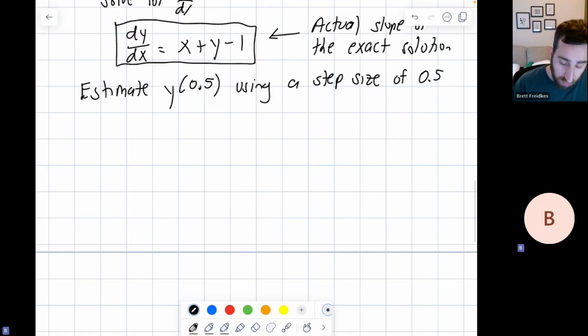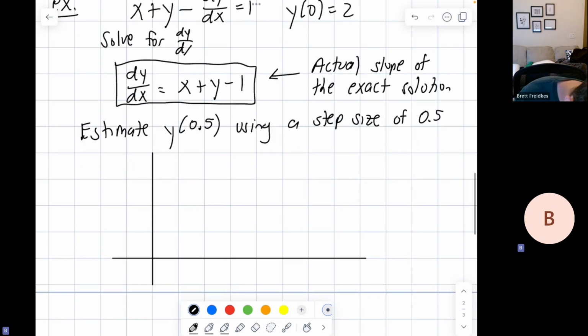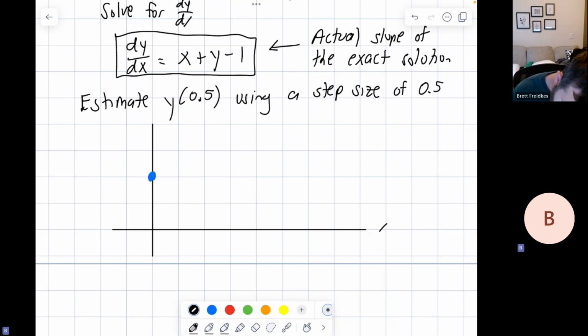So let's go ahead and write out, or first conceptually see what we're doing. So if I were to draw a graph, we see that our first point is y of 0 is 2. So this is our first point. Let's say I say that 1, 2, 3, 4, 5.